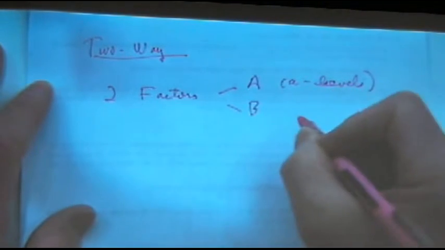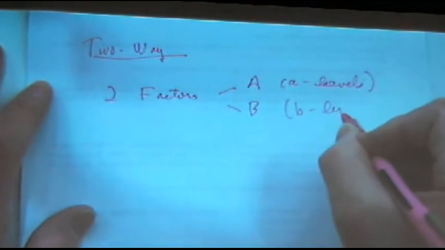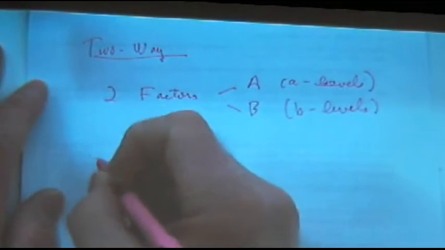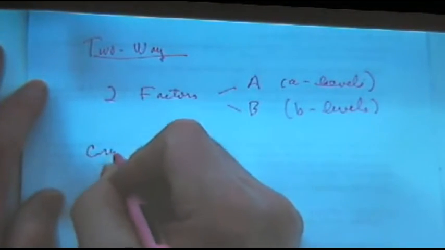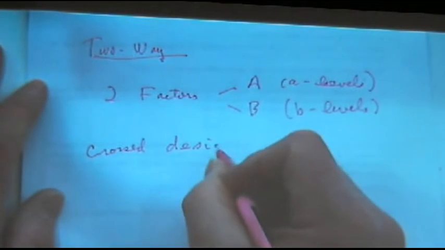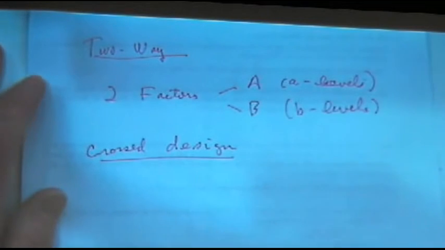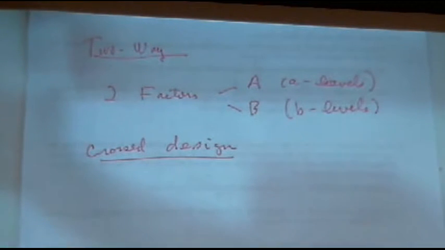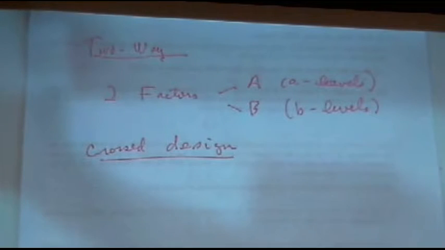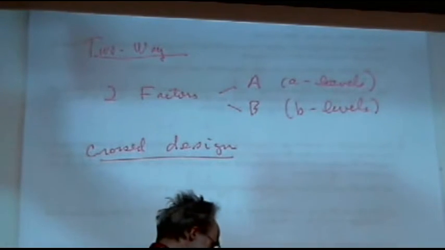Factor B has B levels. And we're going to set up a crossed design. It took a while to convince people to use crossed designs. They used to do one-thing-at-a-time designs. So we're going to set up a crossed design.